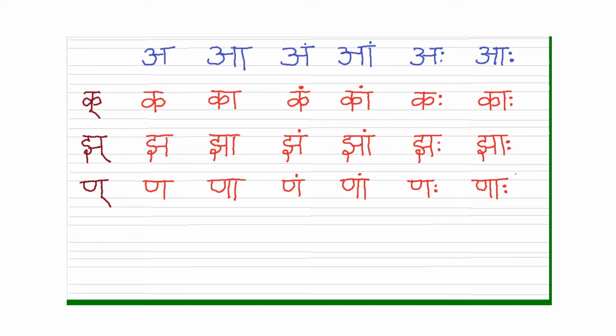Okay, so we have ka, jha, na, and for the next vyanjanam, let me take the na aksharam. So this is na with a hal, and now I'm going to do na. That circle became a little too big.